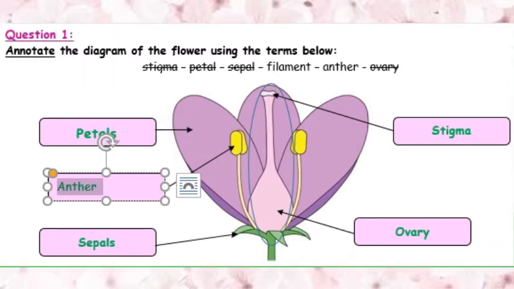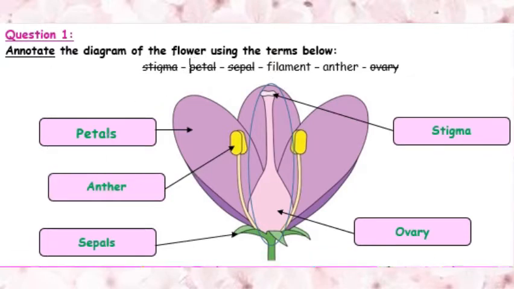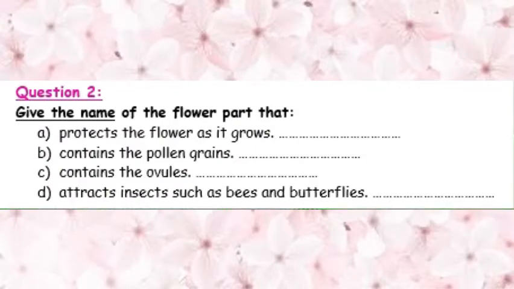This part contains the pollen grains needed to make the seeds. Flowering plants are plants that grow seeds in their flowers. So each part of a flower is so important and has its own job in this reproduction process, the seed making process.